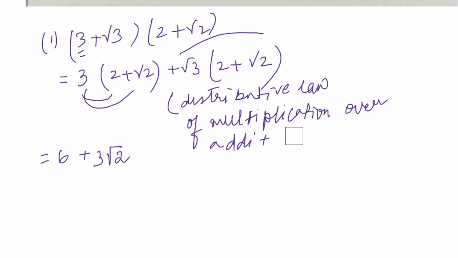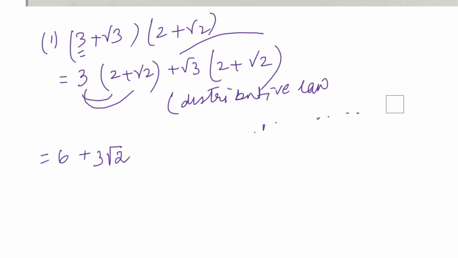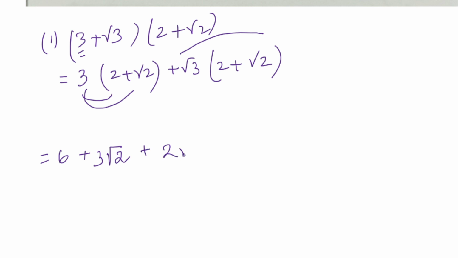This I can write 2 root 3. This root 3 and this 2 multiply: 2 root 3, plus root 3 into root 2, I'll get root 6. The multiplication rule says numbers under the square root can be multiplied together. 3 into 2 is 6.